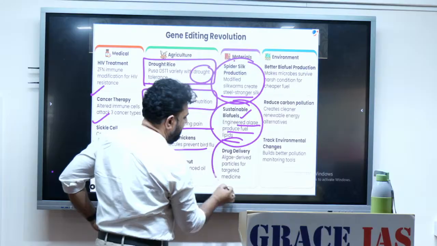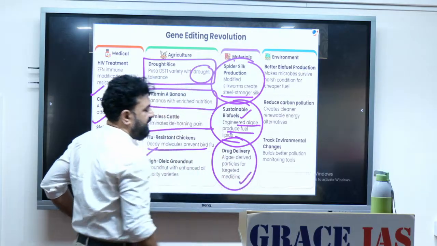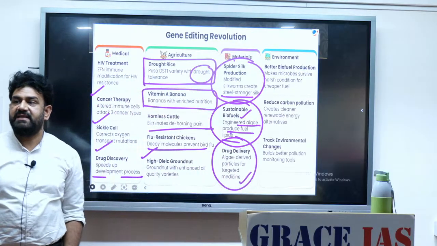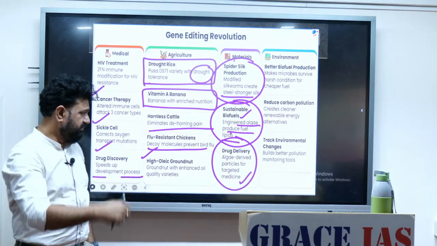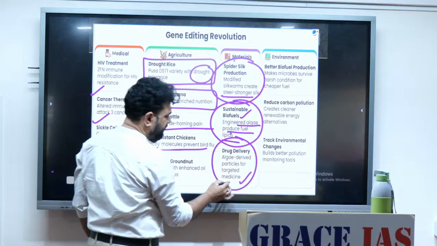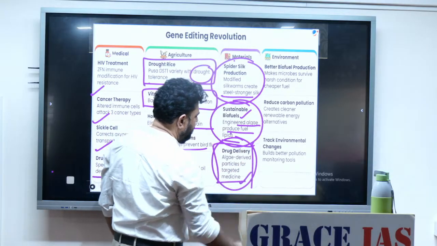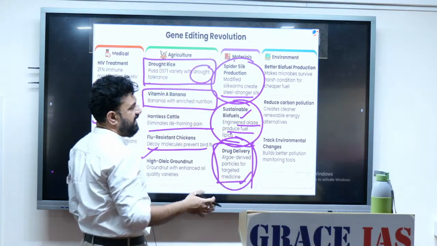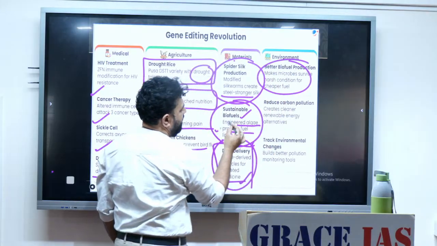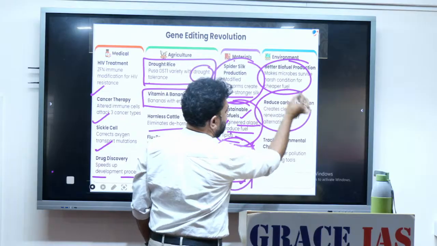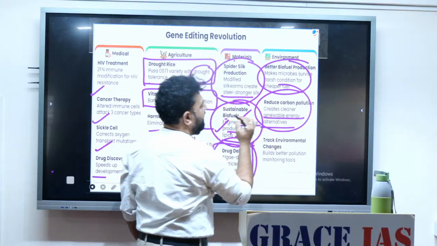And the nano targeted drug delivery systems, small amounts of drugs are directly injected into the affected area through nano or microscopic algae here. And then better biofuel production, as we discussed earlier already. Carbon pollution, that is, renewable energy alternatives can be produced.